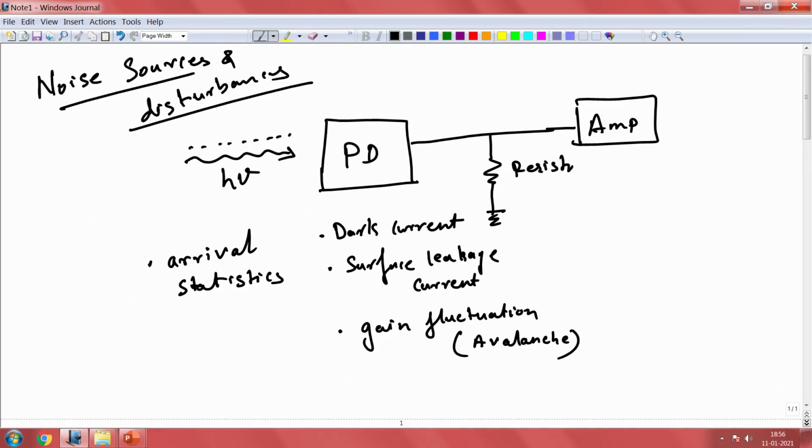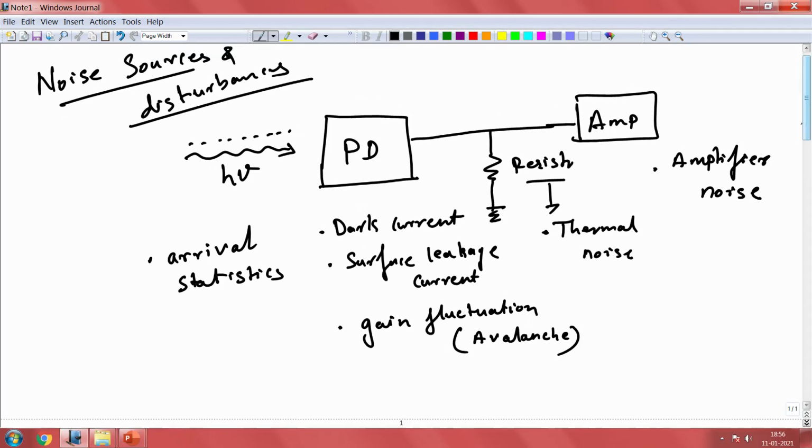Then on the resistor side we could have thermal noise, and finally on the amplifier we will have amplifier noise. So, these are all the different noise sources that you could get in a detector system.